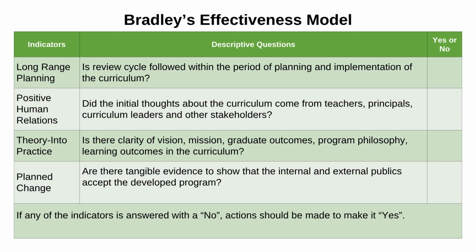8. Plan change. Question: is there tangible evidence showing that internal and external stakeholders accept the developed program? Example evaluation: a new language arts curriculum might need acceptance not only from teachers but also from parents, community members, and local businesses. How to evaluate?